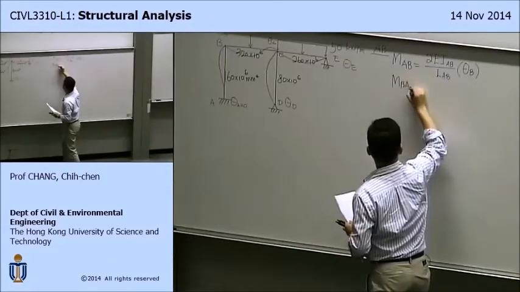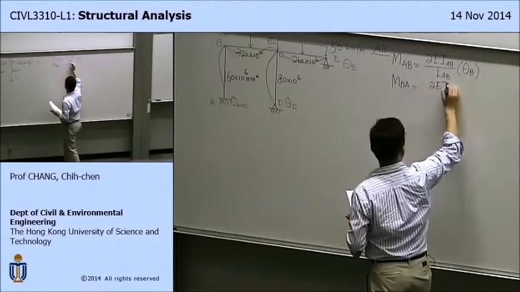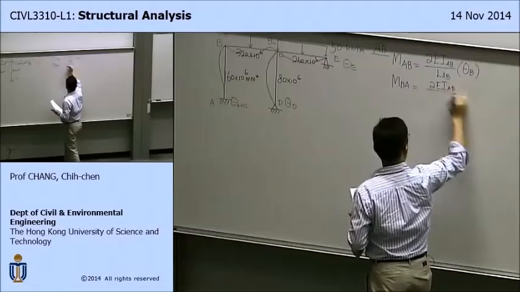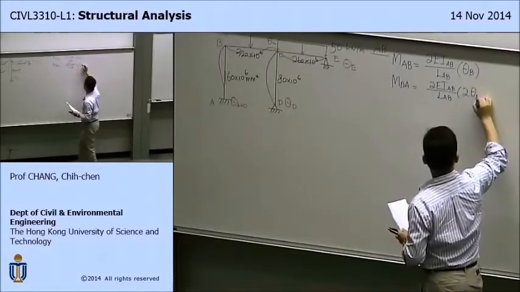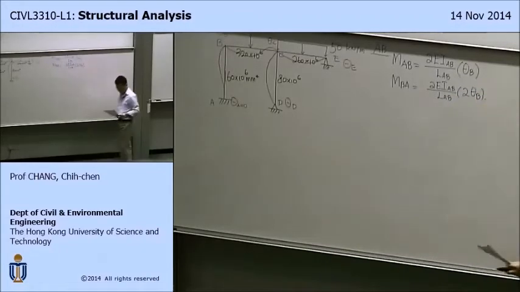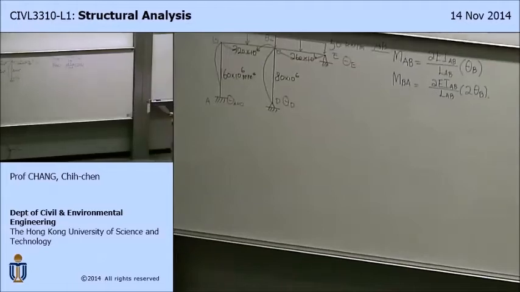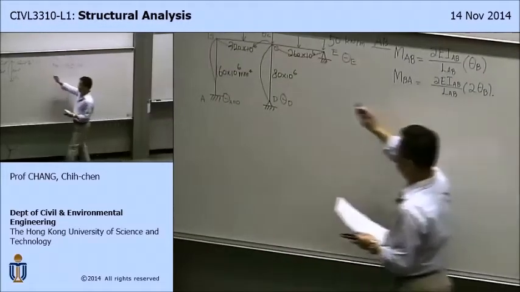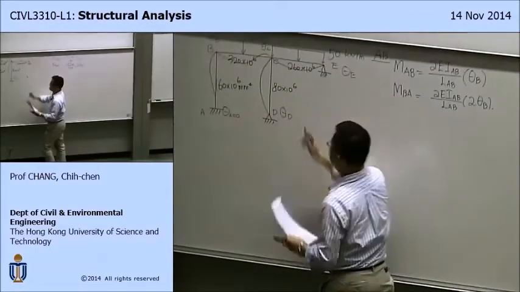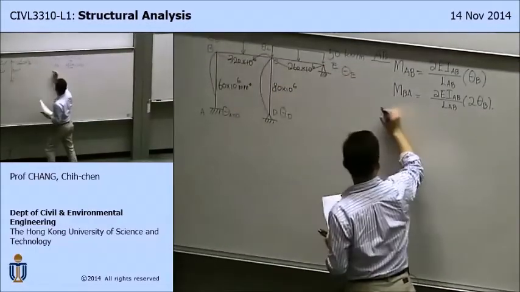MBA is 2 times theta B, and that's it. And then you go to the BC component.